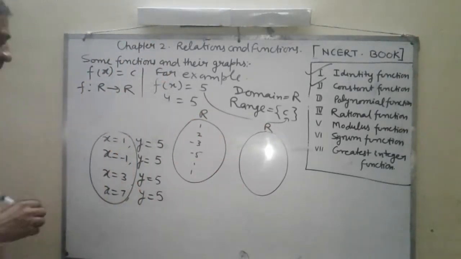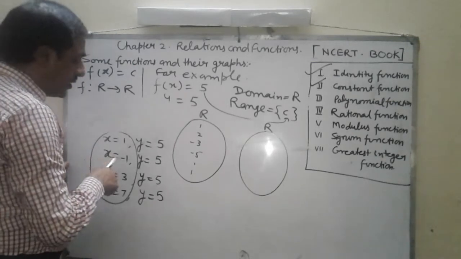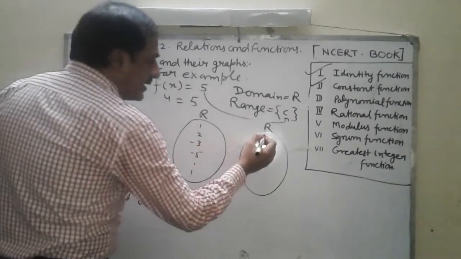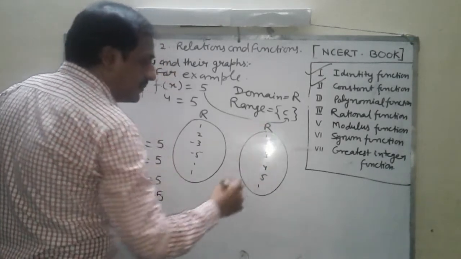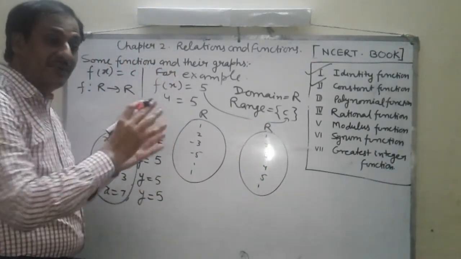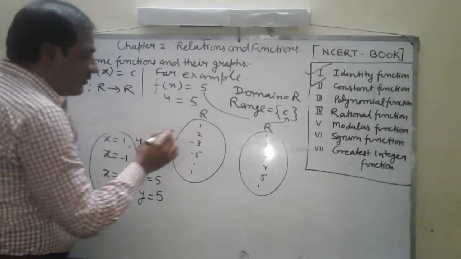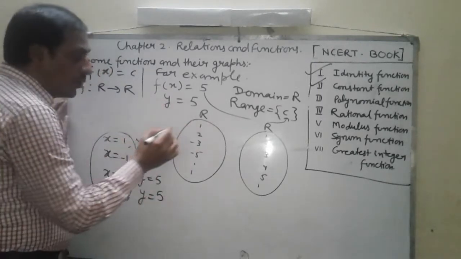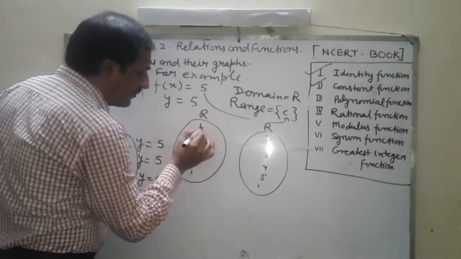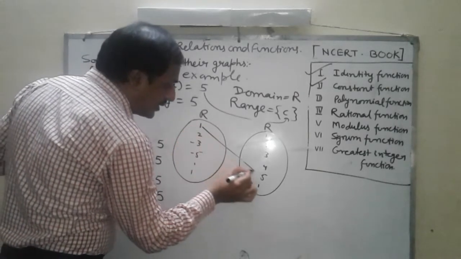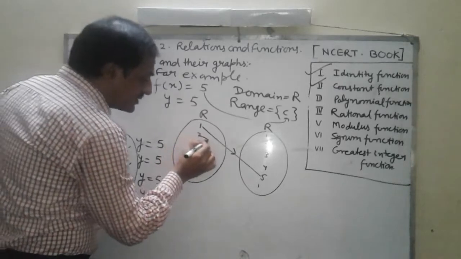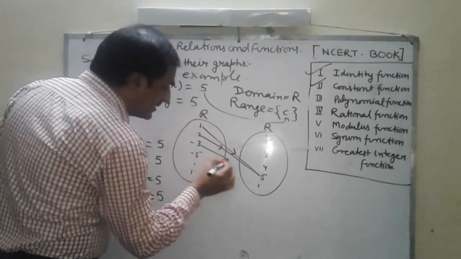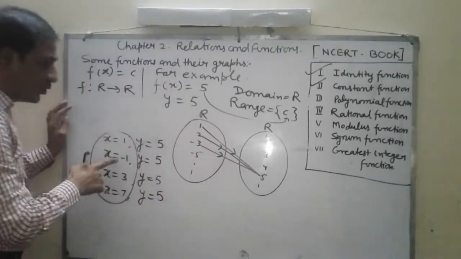According to this example, if the value of x equals 1, what will be the value of y? Here 1, 2, 3, 4, 5 and so on. There are many different types of real numbers. If the value of x equals 1, what will be the value of y? The value of y is 5. 1 is related with 5, 2 is also related with 5, -3 is related with 5. Here x equals -1.